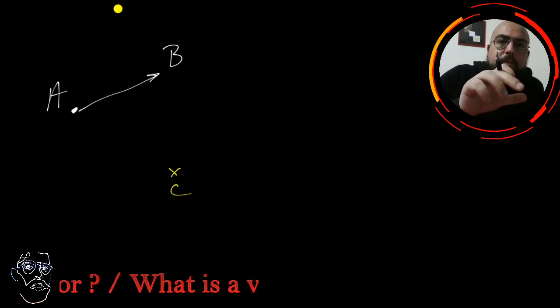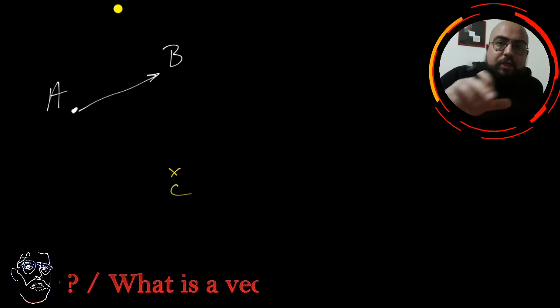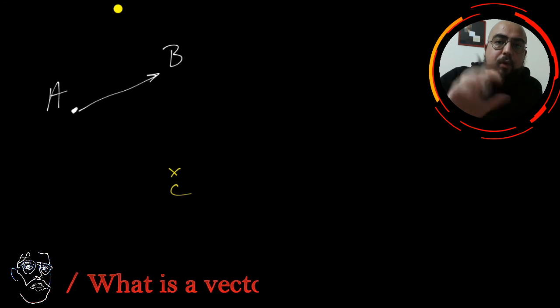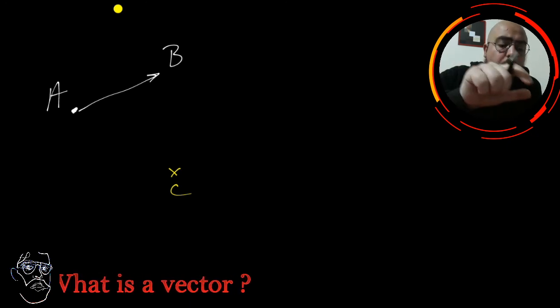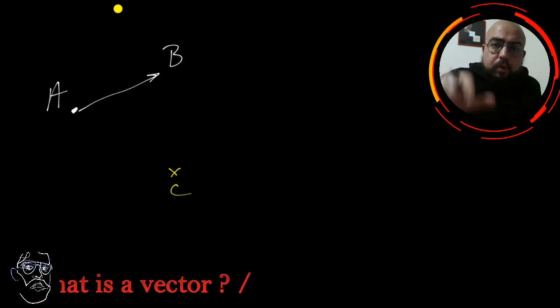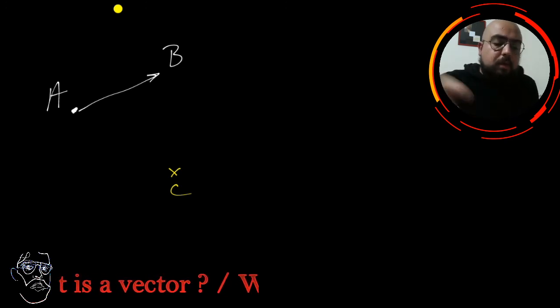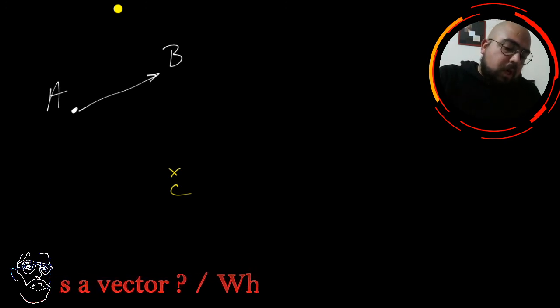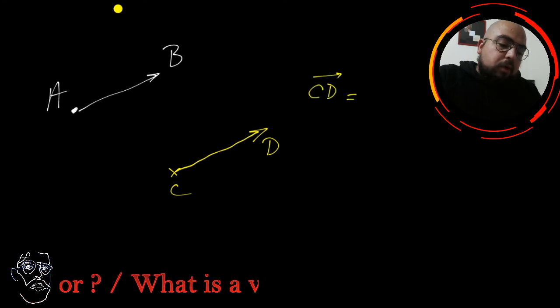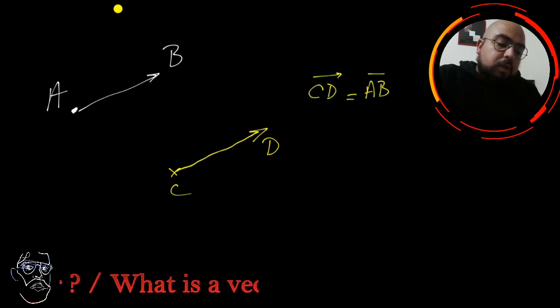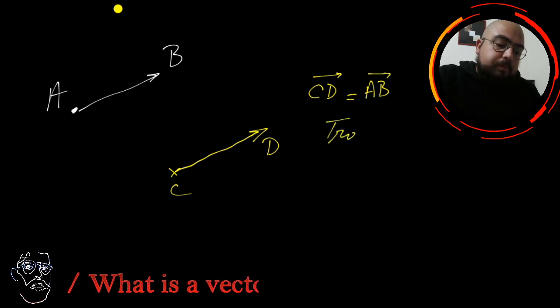So whenever I'm doing a translation, I'm sliding AB without changing direction, orientation, or magnitude in order to reach the point C. And from point C, I will do the same thing as AB, and I'm gonna call it CD. So CD will be automatically equal to AB just because I did a translation.